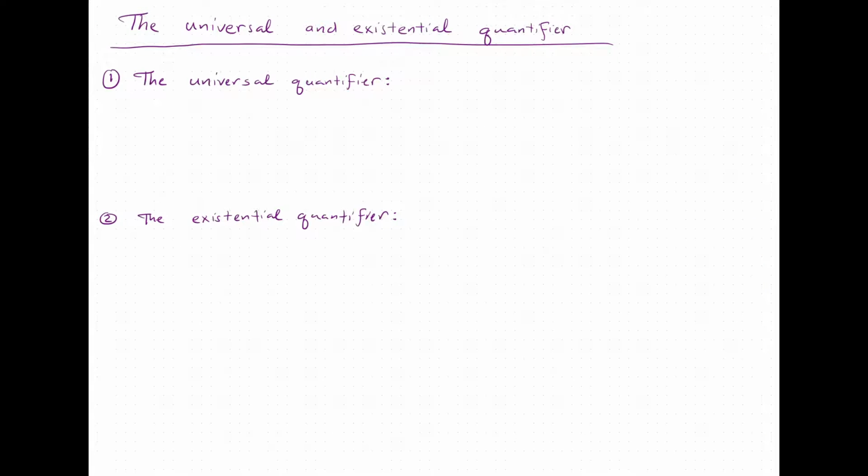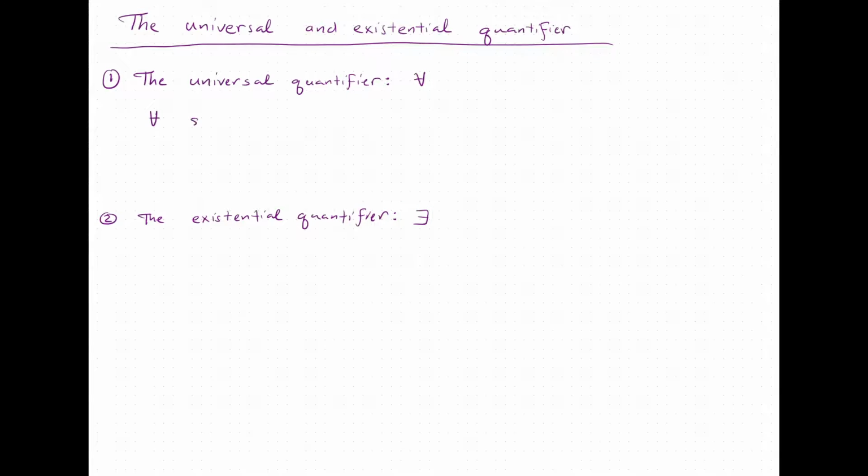So next we are going to introduce the universal and existential quantifiers. These are the following symbols. The universal quantifier is written as a backwards A, and the existential quantifier is written as a backwards E. These stand for "for all" and "there exists". So I'm going to write this down.